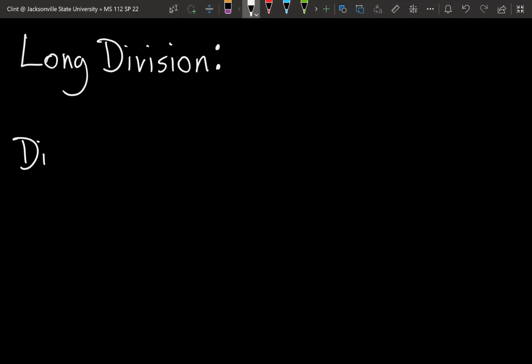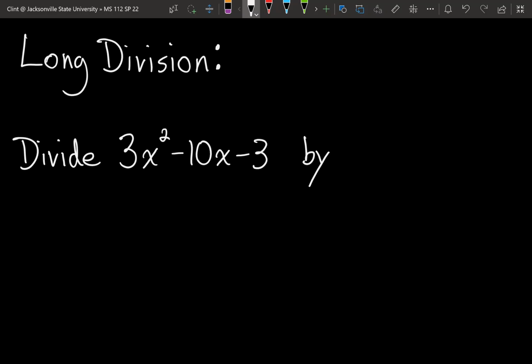So we want to divide, or maybe we don't want to, but we are going to, 3x squared minus 10x minus 3 by x minus 3.